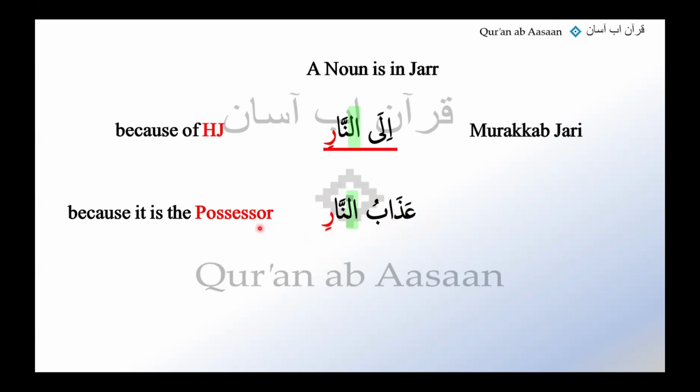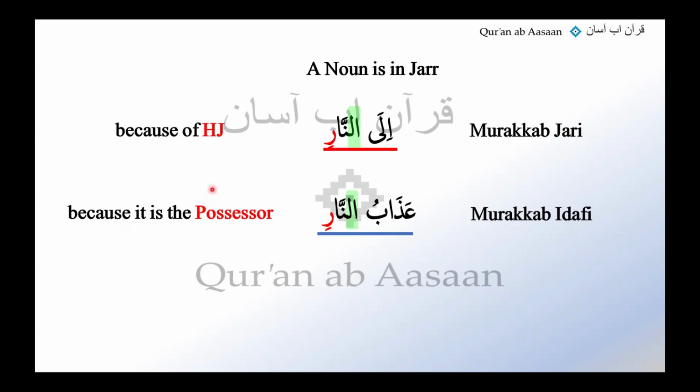We identified it as a murakkabe idafi and color code it with a blue underline. So remember, there are only two reasons for a noun to be in jar: one, because of a harf jar, and two, if the noun is a possessor.